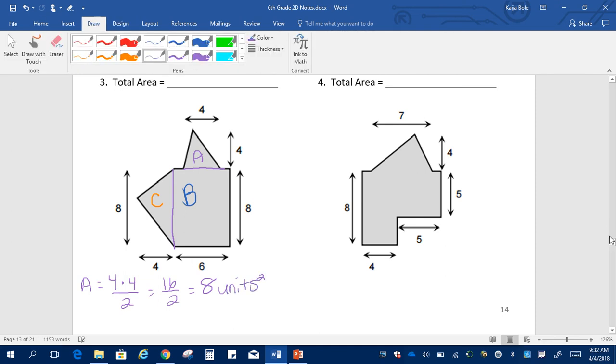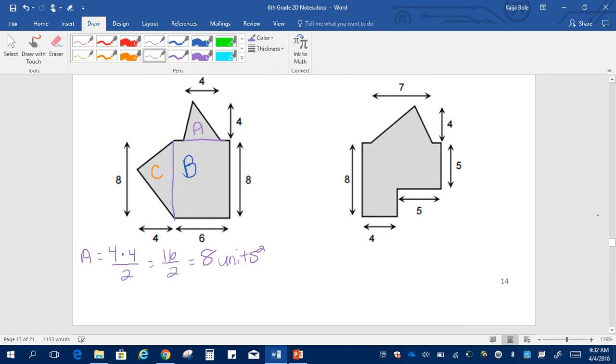Part B here is our rectangle. B would just be 8 times 6, which gives us 48 square units. And then last we have C here, which is our other triangle. Our base here, they show it on the top, is 8 times our height, which is 4, divided by 2.